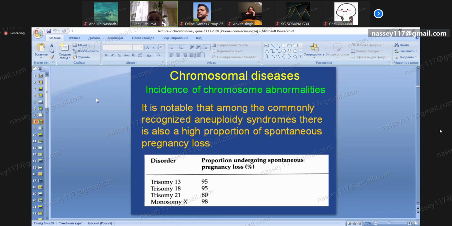It is notable that among the commonly recognized aneuploidy syndromes, there is also a high proportion of spontaneous pregnancy loss. You can see that trisomy 13 is associated with 95% of cases of spontaneous pregnancy loss, trisomy 18 with 95, trisomy 21 with 80, and monosomy X with 98.